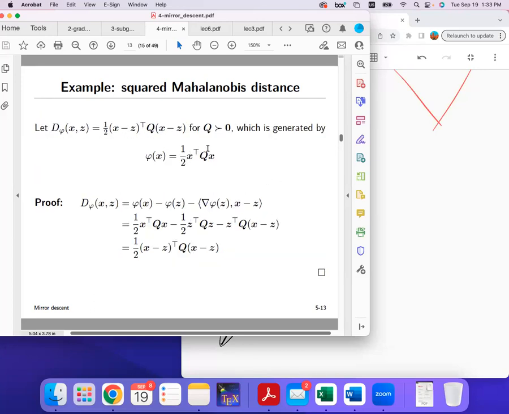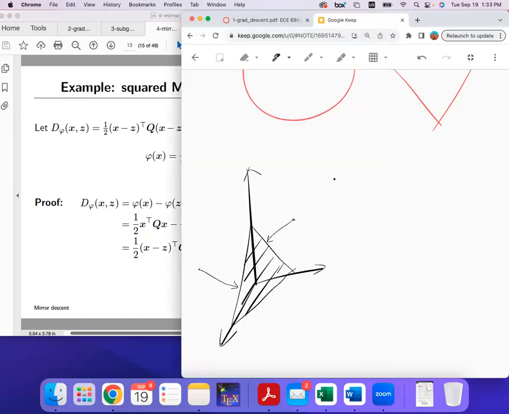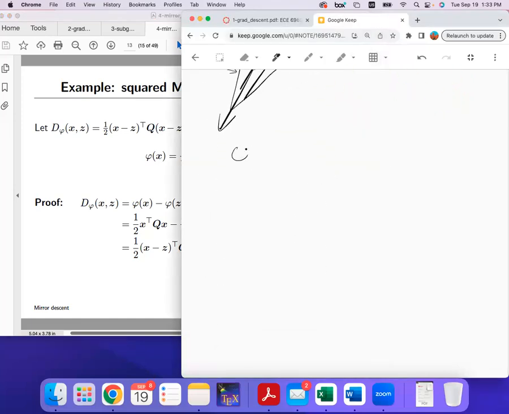In particular, if you set Q equal to the identity matrix, which means you choose phi to be 1/2 times the L2 norm squared, then the distance simply becomes the standard Euclidean distance. If you choose this phi, then we recover the standard Euclidean distance.